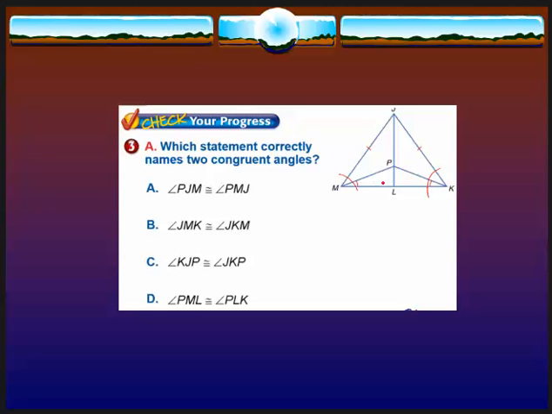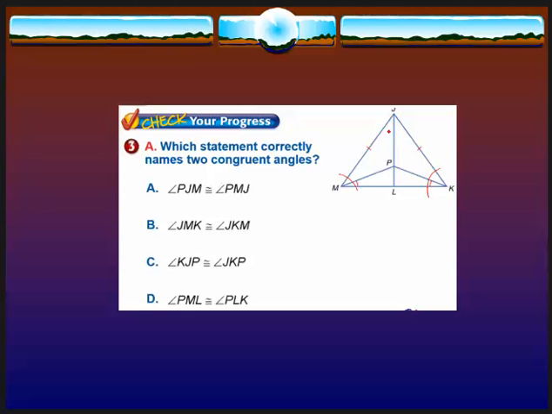We have a small triangle here, and it looks like one that is congruent to it on this side. We have a medium-sized triangle here, and another one that looks congruent on the right. We have what appears to be two right triangles, left and right, and then we have this big triangle that encompasses all of them.